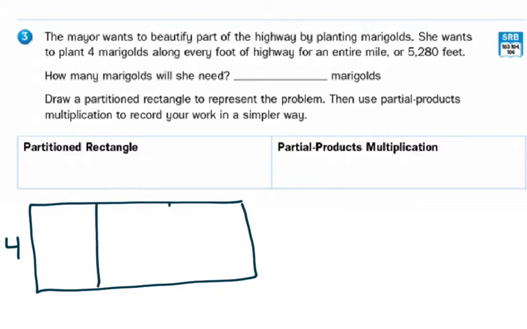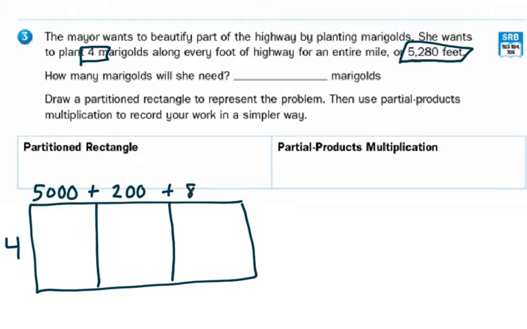So I'm going to divide that. The value of the 5 is 5,000. The value of the 2 is 200. And the value of the 8 is 80. I could do the 0, but that doesn't change it because anything times 0 is 0.